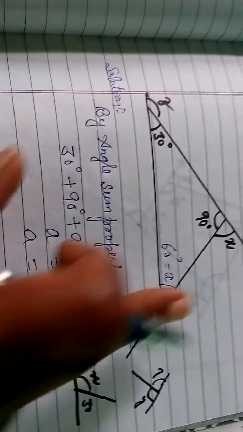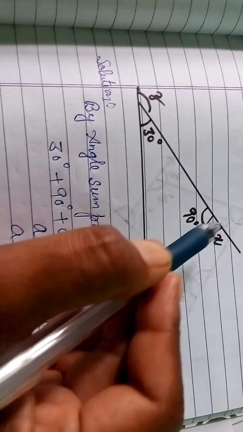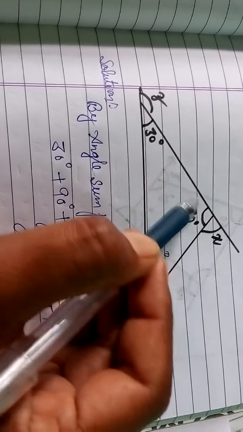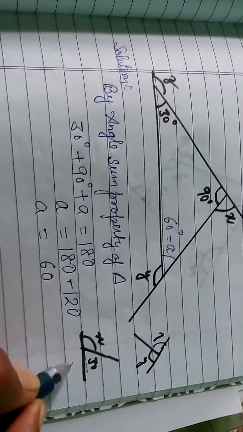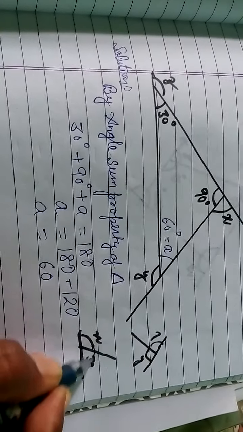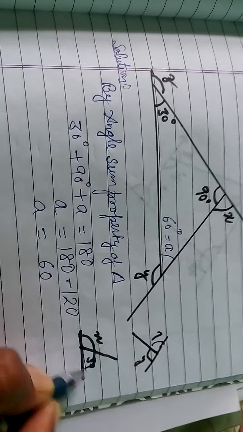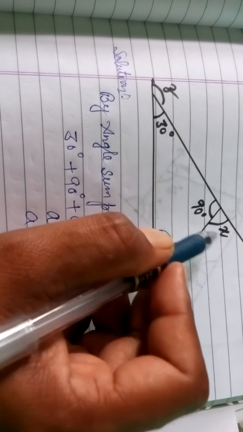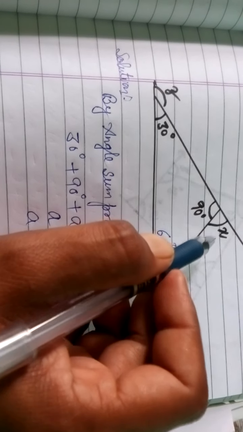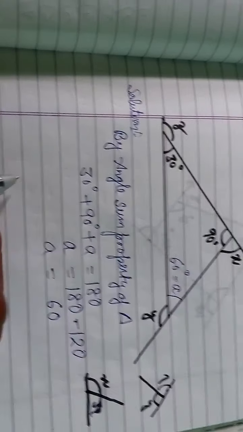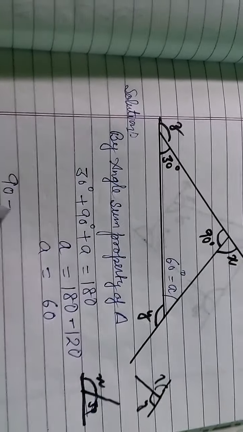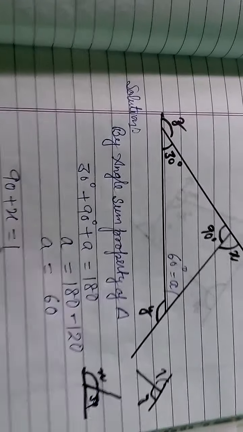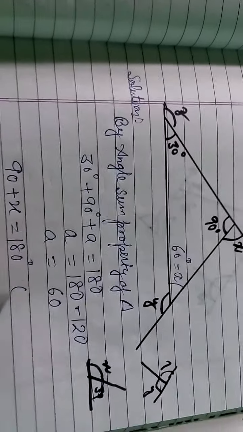Now let me take the first. You can see that this is forming a linear pair. These two angles make 180 degrees, and out of these one is X, another is 90, and you have to find the value of X. Because this is a linear pair, you can write 90 plus X is equal to 180 degrees.